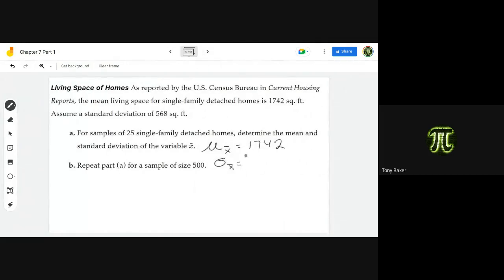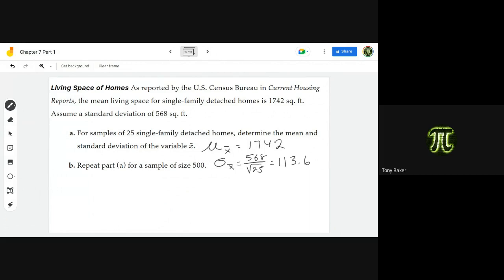So in this case, I'm taking 568 and dividing it by the square root of 25. So I got 113.6.